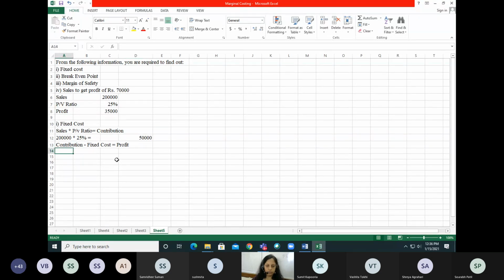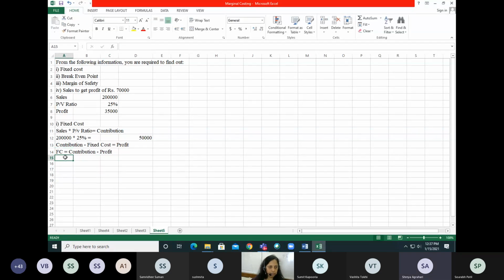So fixed cost will be equal to contribution minus profit. Whole working you have to show. So put the figures. Contribution we have calculated is 50,000 and profit given is 35,000.